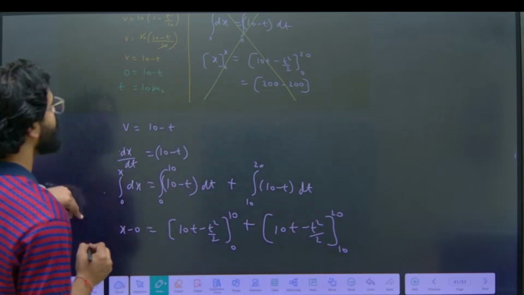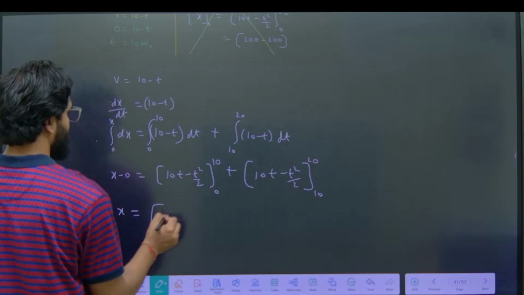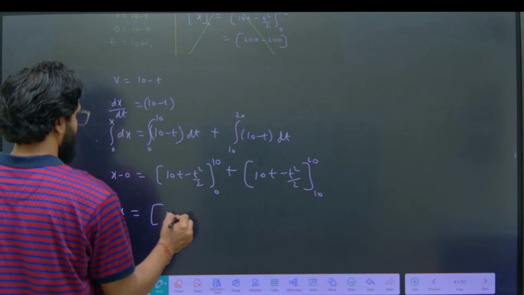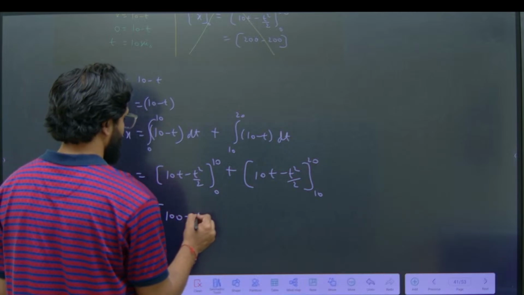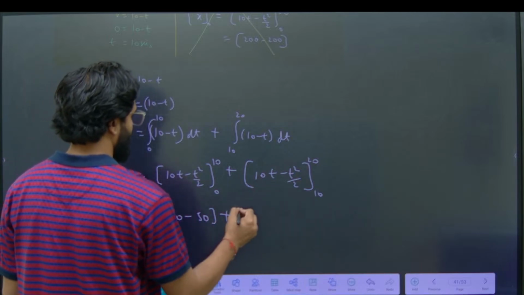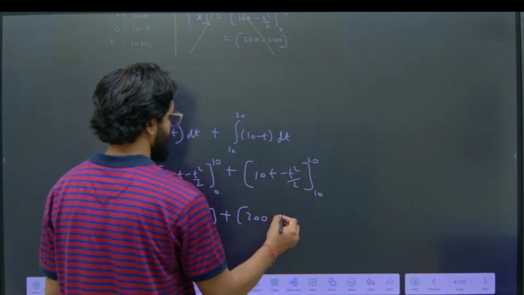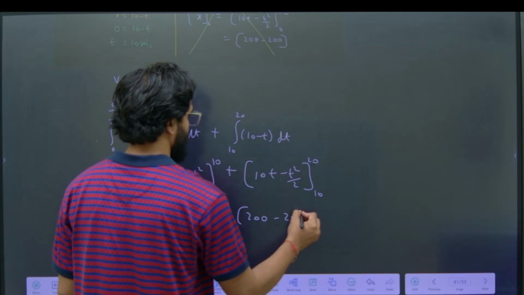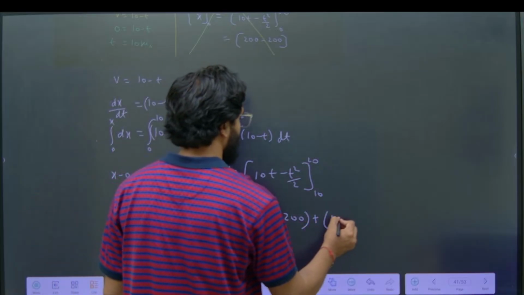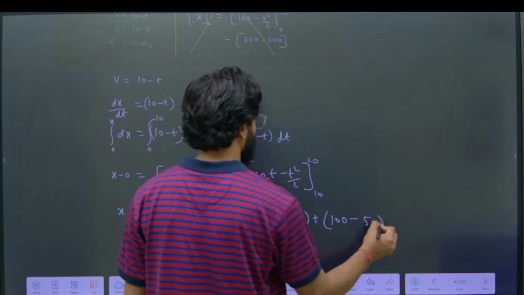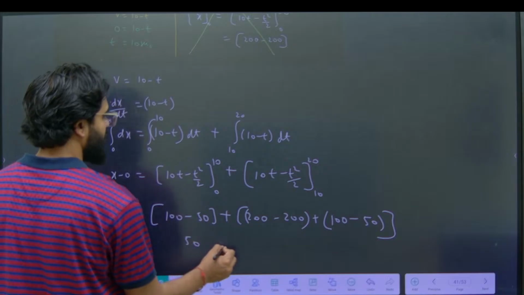Let's solve it. When you put 10 it is 100 minus 50, which is 50. Plus when you put 20, 200 minus 200, and when you put 10, 100 minus 50, so it will be 50.